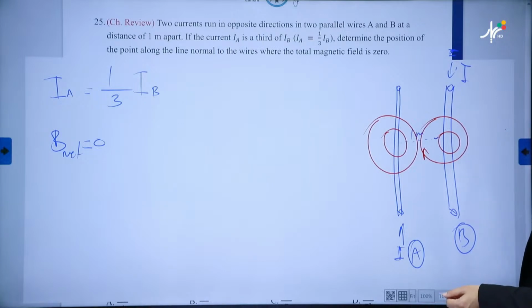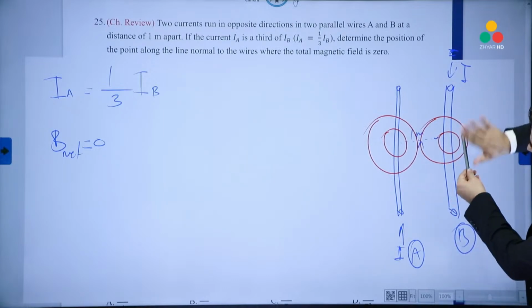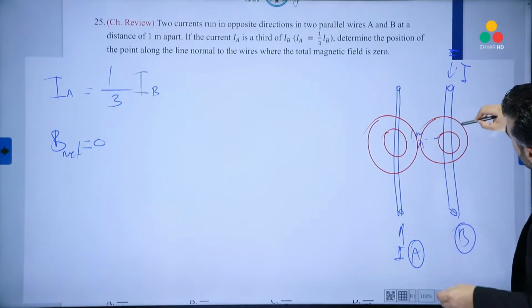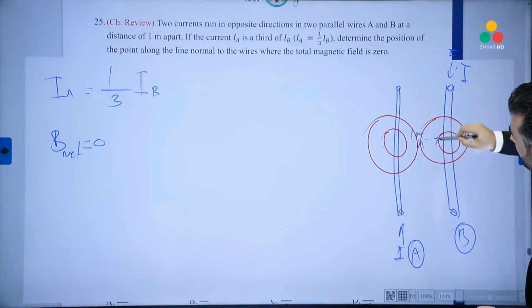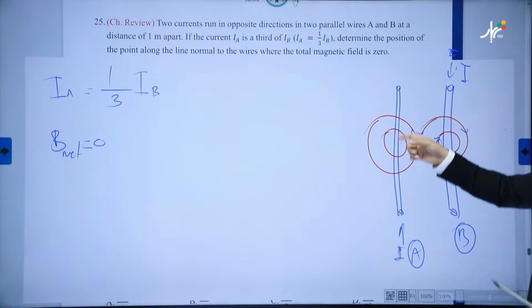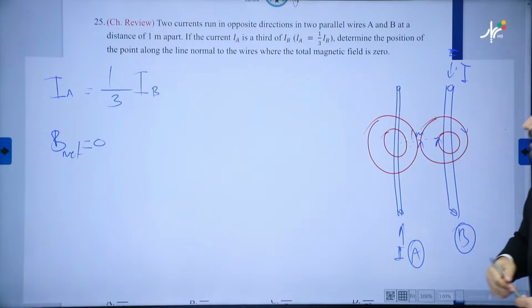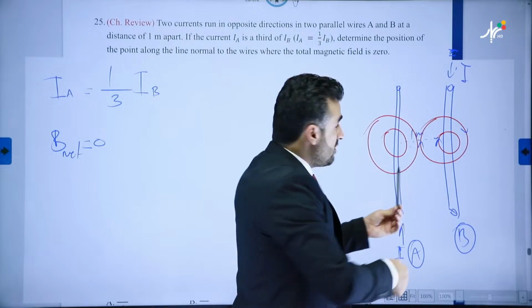Okay, so let's go back one step. Let's use a different color so you can see. So the direction of the magnetic field, if that is the case, is going to move like this, yes? So you can do it here as well, and of course, it's going to be this way. So on for this one as well. So for this wire, the direction of the magnetic field is this way. What about for this wire here? For this wire here, the direction of the current is upward.